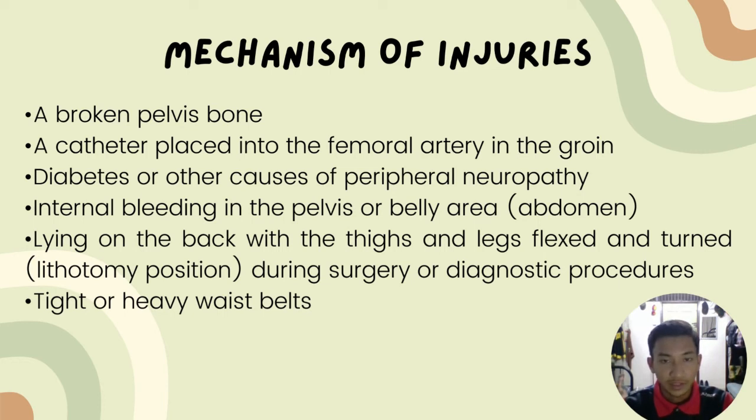Fourth is internal bleeding in the pelvis or belly area, which is the abdomen. Fifth is lying on the back with the thighs and legs flexed and turned during surgery or a diagnostic procedure.